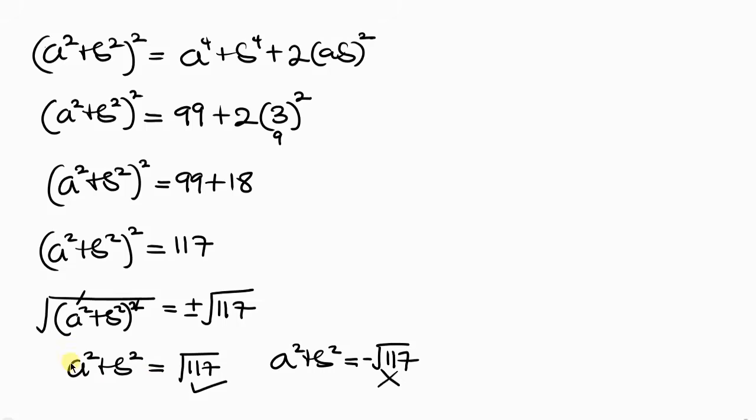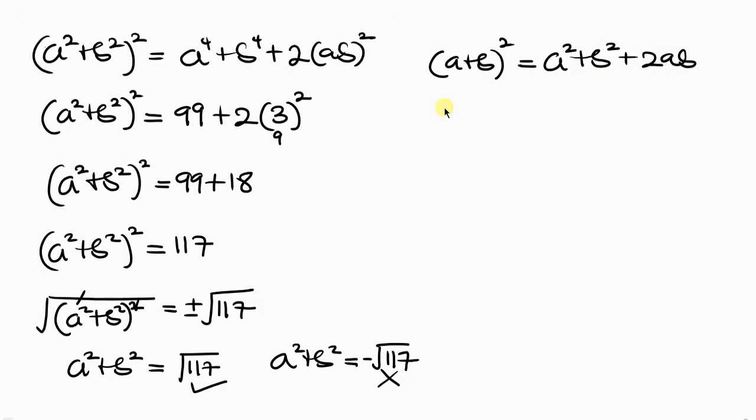Now let's work with this. So our next step will be for us to use this identity, a plus b all raised to the power of 2. The reason is because we can find a squared plus b squared from this identity. So this is equal to, when we expand, a squared plus b squared plus 2ab.